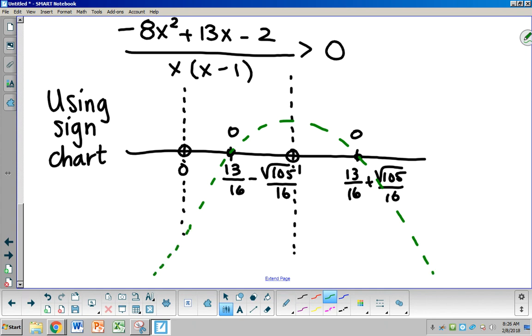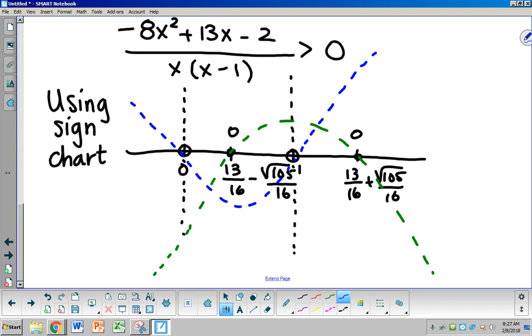What about the denominator? What shape is it? That's just x squared minus x. It's a parabola that opens up, so if I superimpose it through its two zeros, which happen to go through the open dots there.